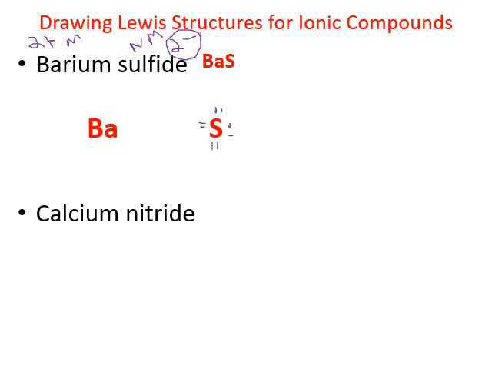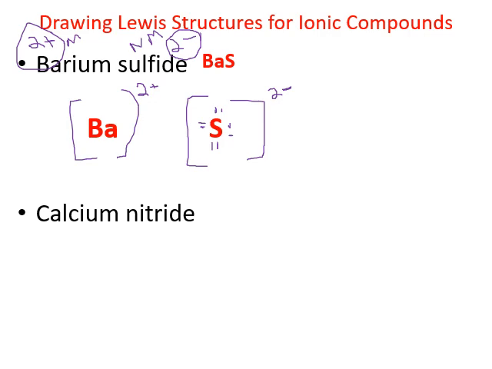And because they have a charge, they're ionic, we're going to put them in brackets. And then outside of the brackets, we're going to write the charge for them. And so barium would have a 2 plus, sulfur gained 2, got 2 negative friends, so it's a 2 negative. And that would be the Lewis structure.